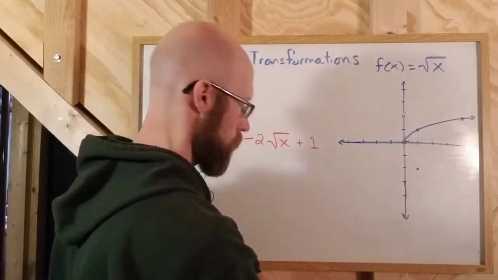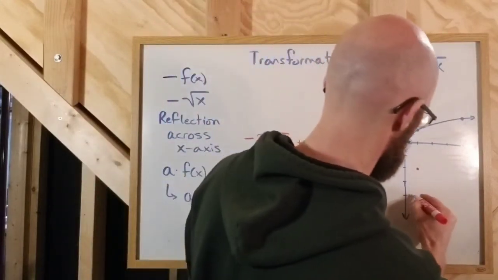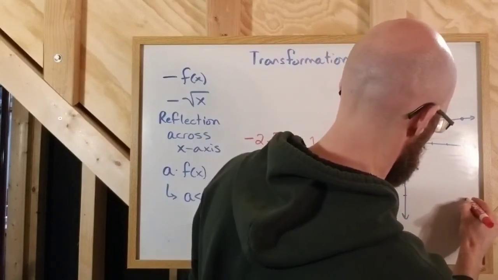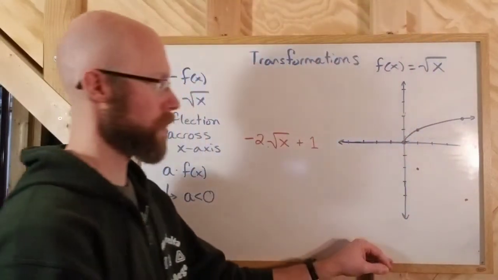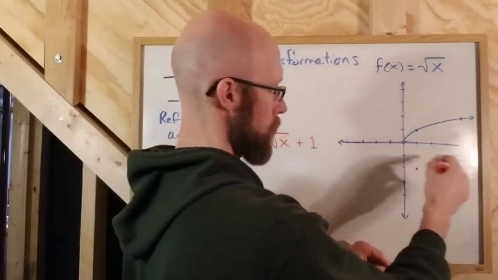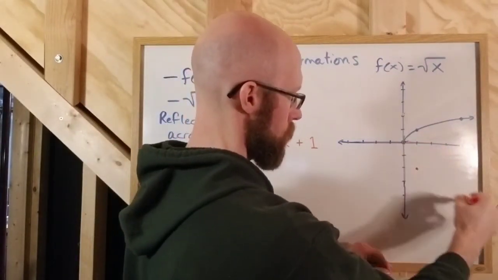Good enough. So there's roughly 4 comma negative 4. And so you have this graph that kind of goes down.